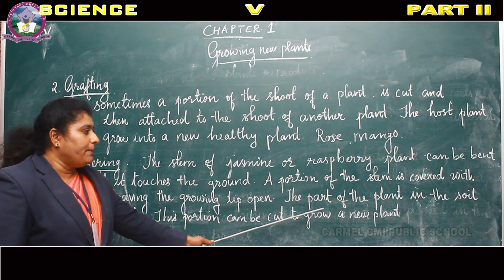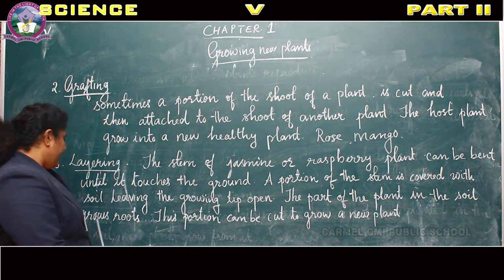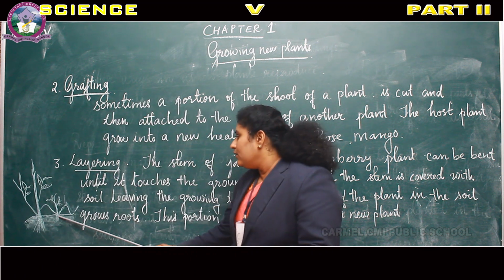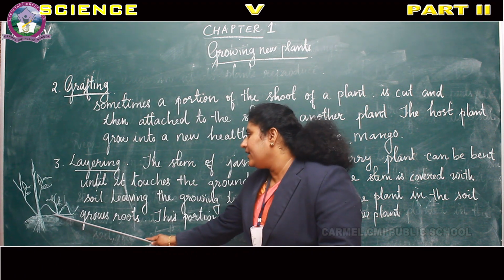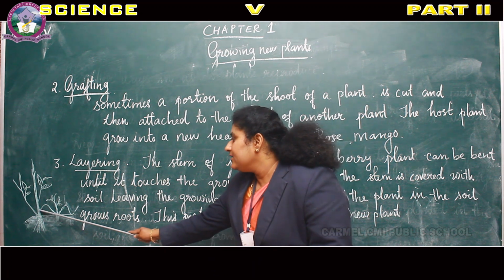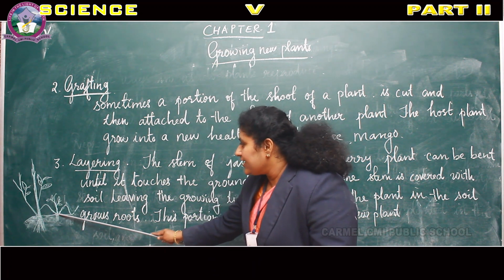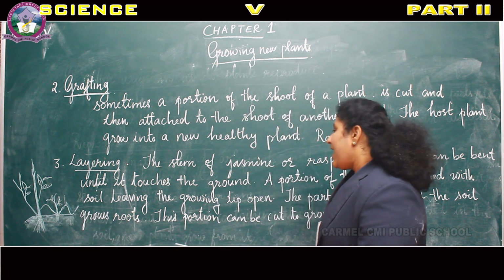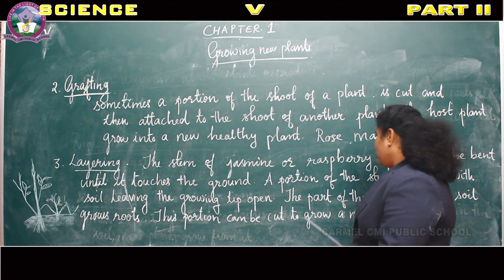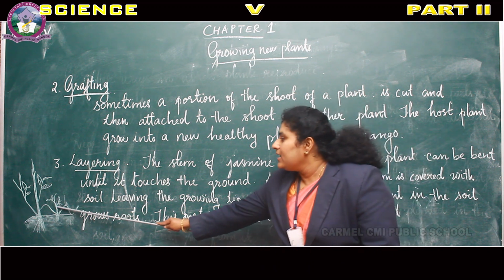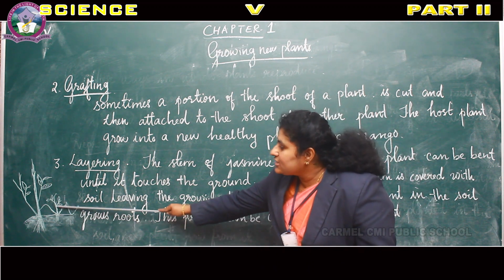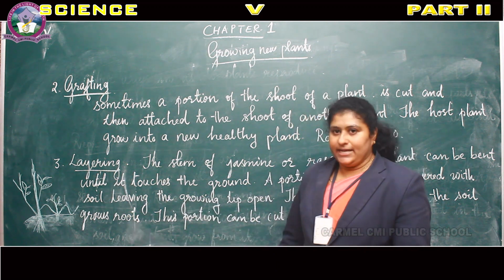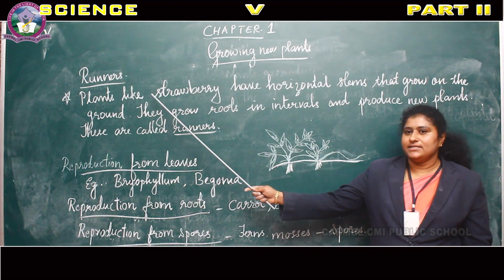The part of the plant in the soil grows roots. See that here roots are growing. This portion can be cut and it grows and becomes a new plant. That is layering.